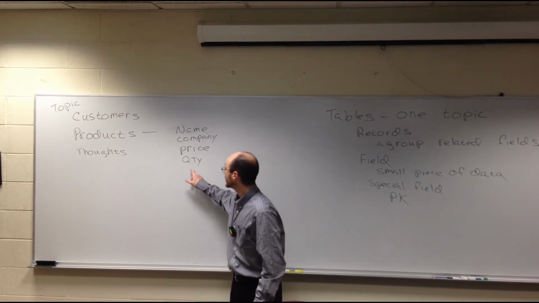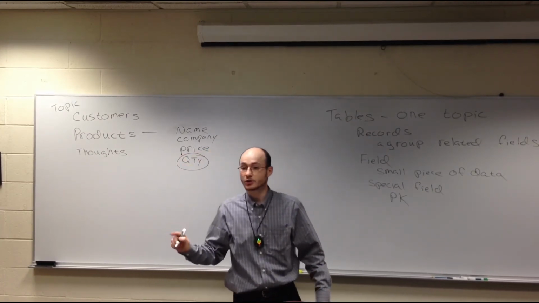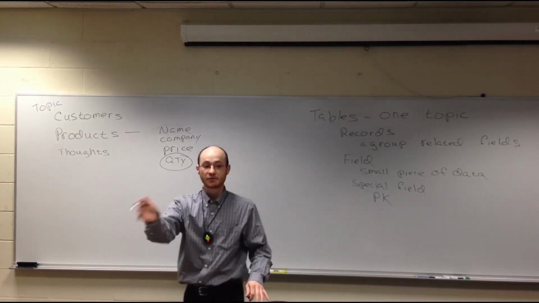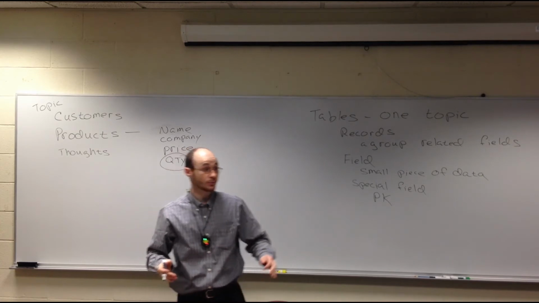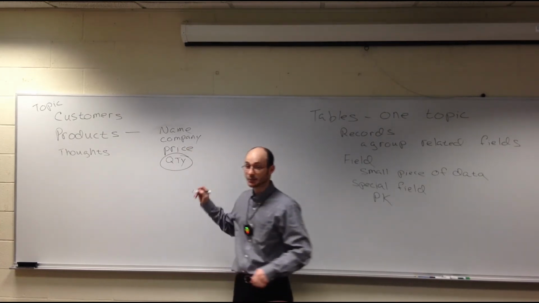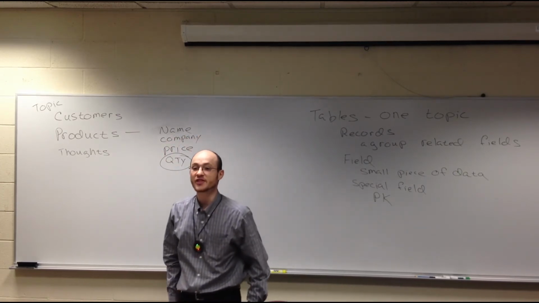Now, quantity, I'm going to circle because you're going to find that is going to go into a mixed table. Because not everybody drinks one a day. Maybe people drink 2 a day. So I might move this out to another table that connects products and customers together. Let's call that the consumption table.